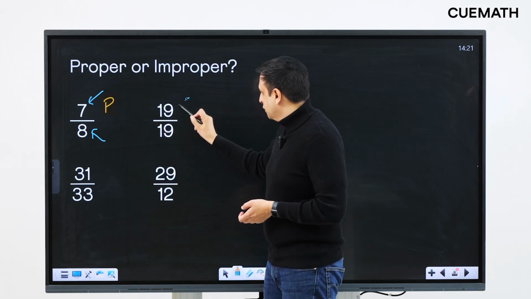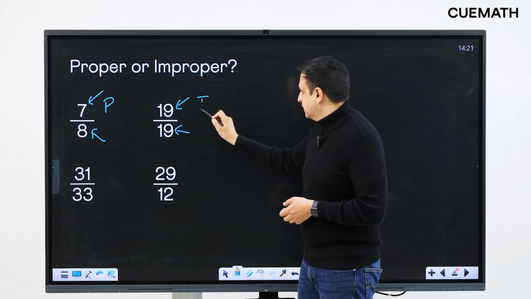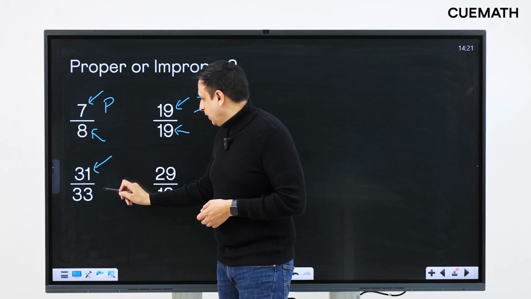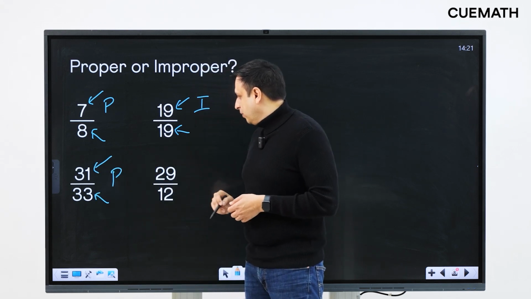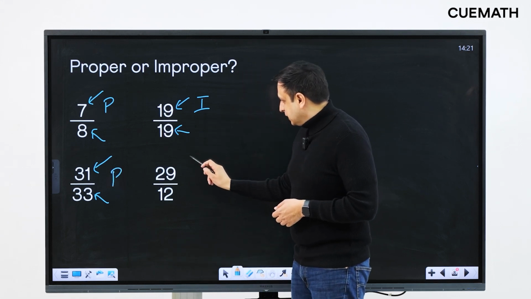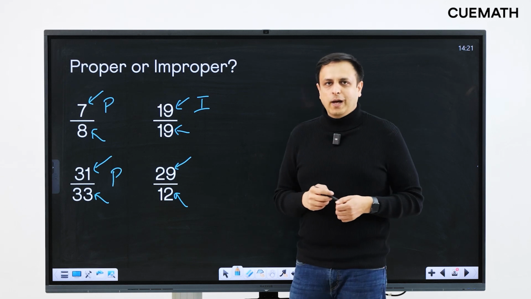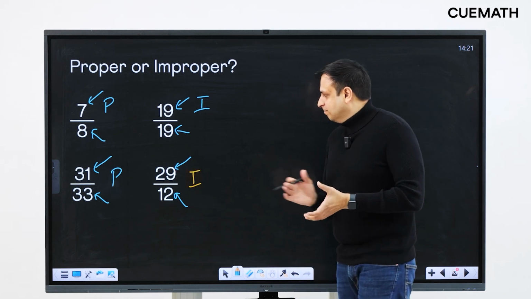This fraction here, numerator and denominator are both 19, so they are equal, so this is an improper fraction. 31 over 33, numerator is 31, it is less than the denominator 33, so this is once again a proper fraction. In this fraction, the numerator is 29 and it's greater than the denominator, which is 12, so this would be an improper fraction.